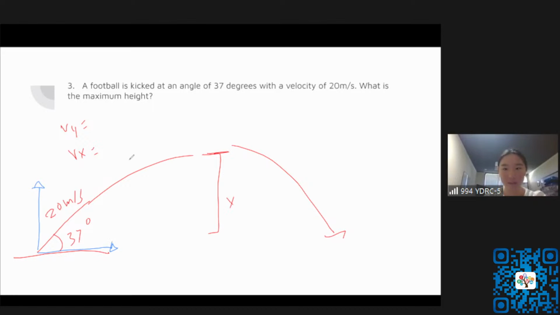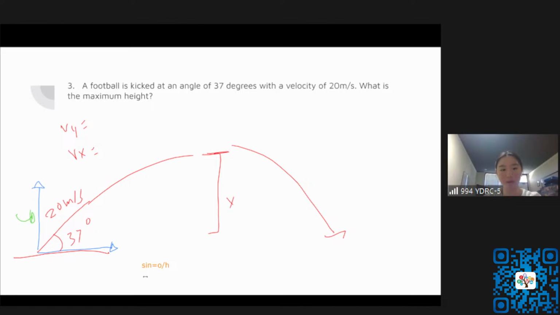That saves time. So basically, Vanessa, remember what I told you: to find this component here, just multiply this value by sine. Remember how I told you sine equals opposite over hypotenuse, O over H? This right here is opposite.